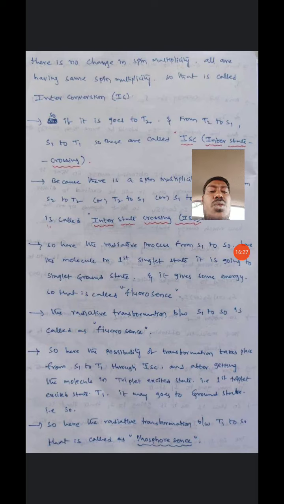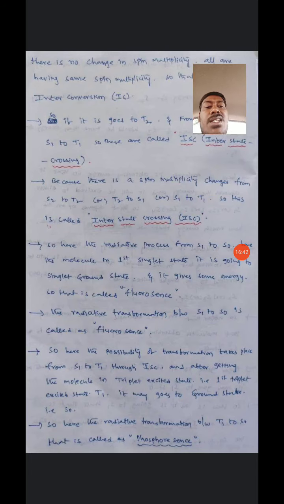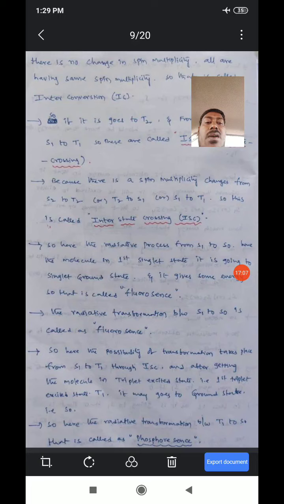If it goes to T2, for example, and from T2 to S1 or S1 to T1, these are called ISC, intersystem crossing, because there is a change in spin multiplicity from S2 to T2, T2 to S1, or S1 to T1.